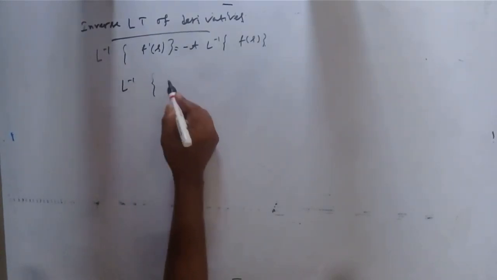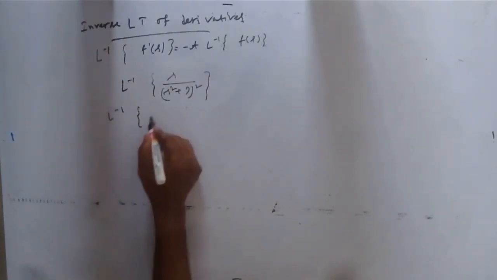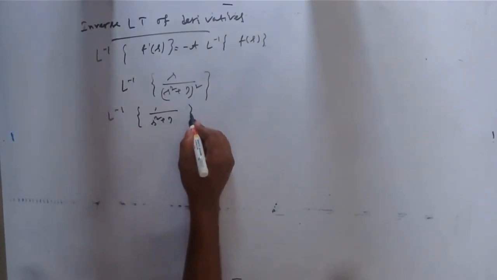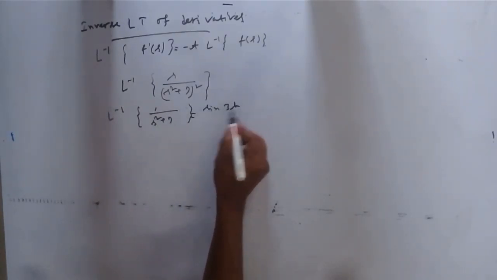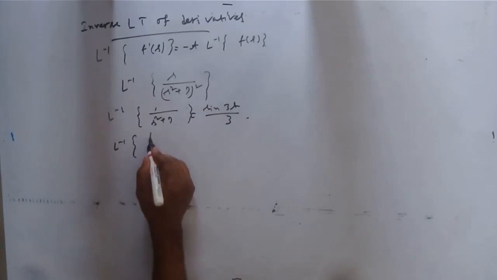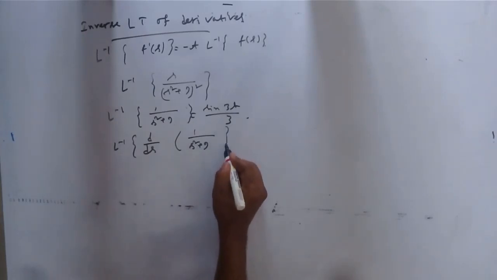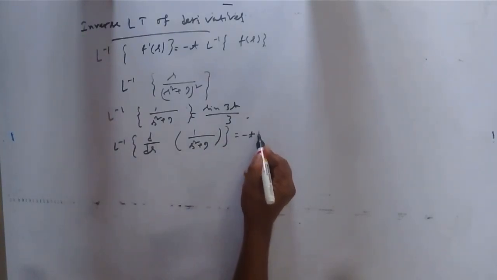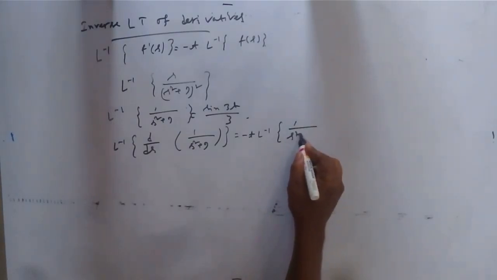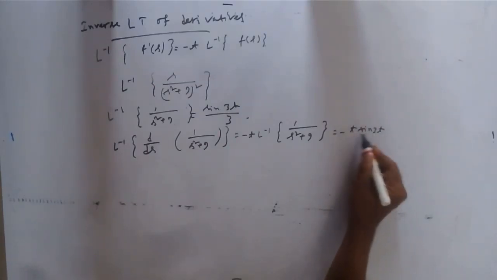L inverse of s by (s square plus 9) whole square. So we have L inverse of 1 by s square plus 9 is equal to sine 3t by 3. We know this. Now L inverse of d ds of 1 by s square plus 9 will be minus t L inverse of 1 by s square plus 9, that is minus t sine 3t by 3.